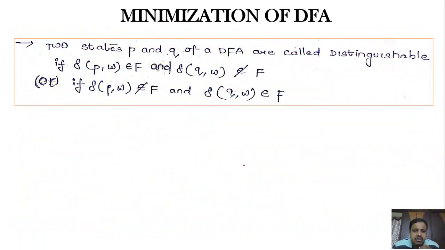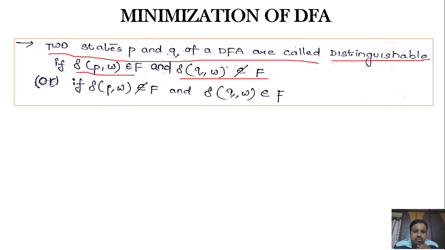Next, when can we say that two states are distinguishable, that is, separable, meaning we cannot merge them? The two states P and Q of a DFA are called distinguishable, meaning they remain separate and we cannot merge them, if delta of P comma W belongs to the final states and delta of Q comma W does not belong to the final states. Then P and Q are distinguishable, and you cannot merge them.